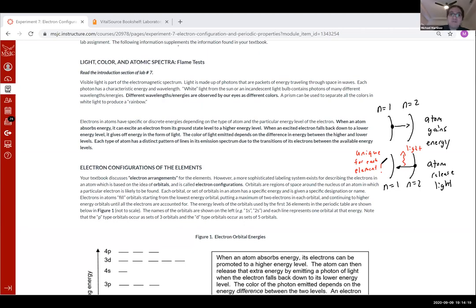To think of some cases where you've seen this in your day-to-day life, to help you visualize examples of emission spectra: if you look behind me up here, you may see a light in the background. We have plenty of lights throughout our homes and throughout the cities that we live in.